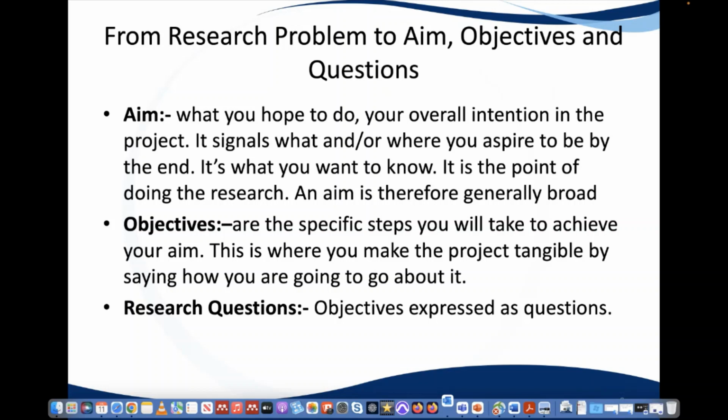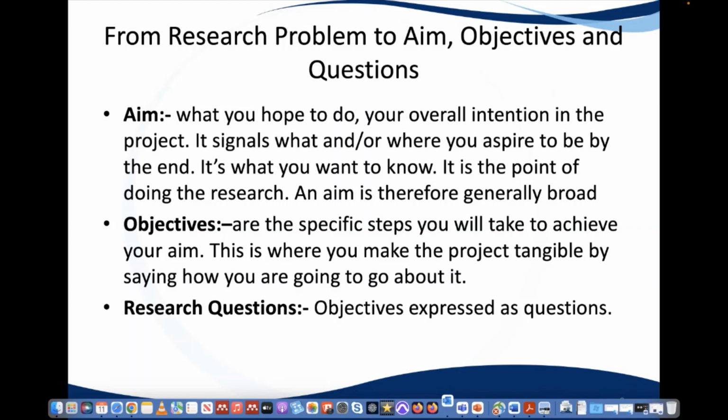And people always ask me, so Prof, we need to have numbers to marry up with this. How many aims can a study have? The answer to that is, for your purposes, as a student on a program of study, you can only have one aim. Your study can only have one aim.